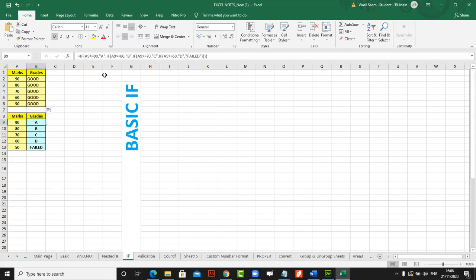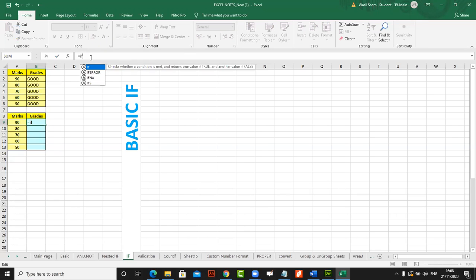If you talk about nested if, the way we construct nested if is that, in fact, let me construct it again over here. The reason why I need nested if is because I have multiple conditions. In the first example, I just had one condition. If the value in A2 is greater than or equal to 90, we say good, otherwise we say bad. But no, I want more detail this time.